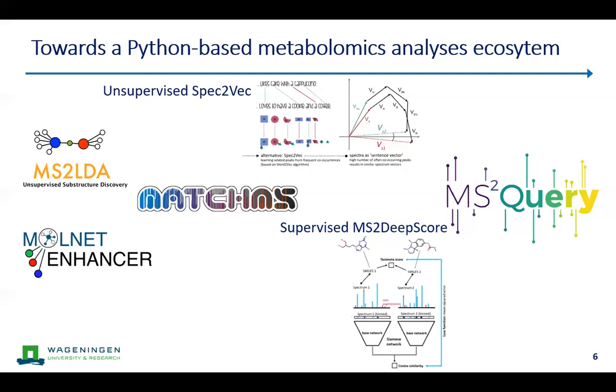Then we recognized the need for more standardization in metabolomics data handling using Python. So then matchms was born in a project together with the Netherlands eScience Center. And that was then the basis for tools like Spec2Vec, not covered in this workshop, MS2DeepScore, just covered by Florian, and all these machine learning approaches came together in MS2Query.